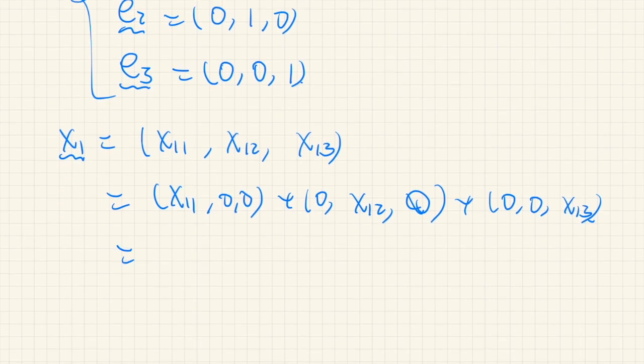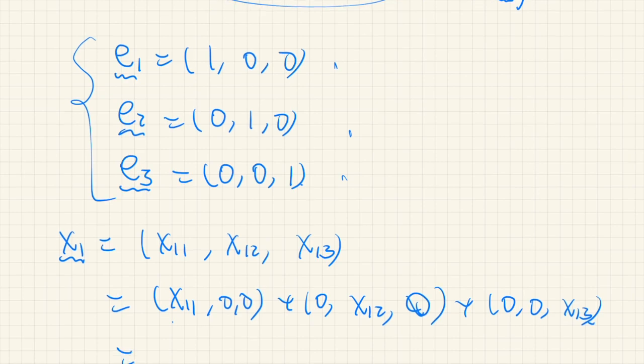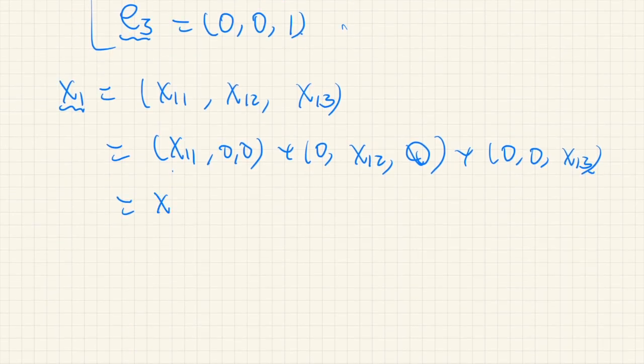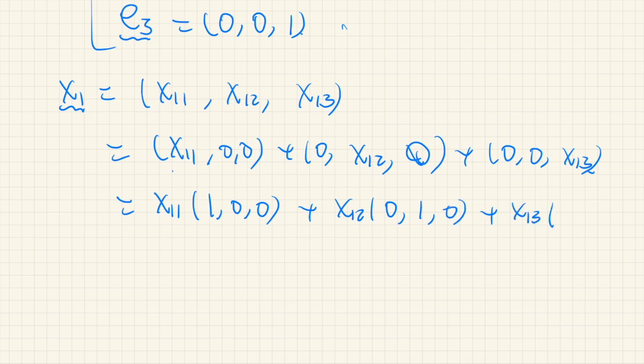And each of these can be split into a scalar multiplication of these unit vectors: x11 times (1, 0, 0), x12 times (0, 1, 0), and x13 times (0, 0, 1).